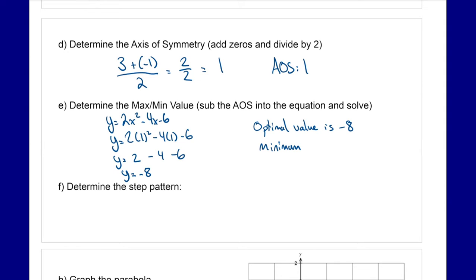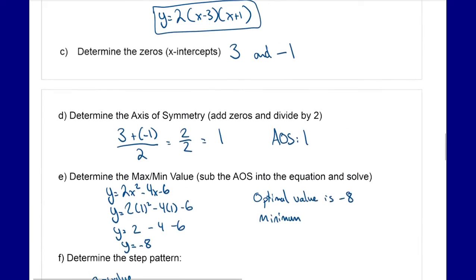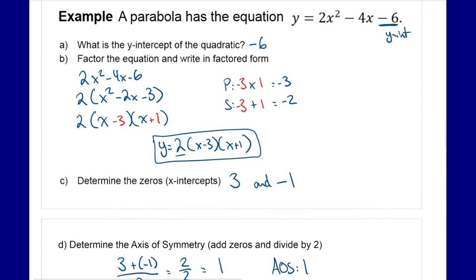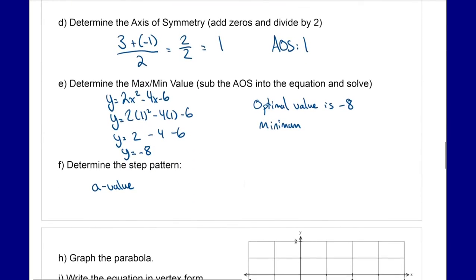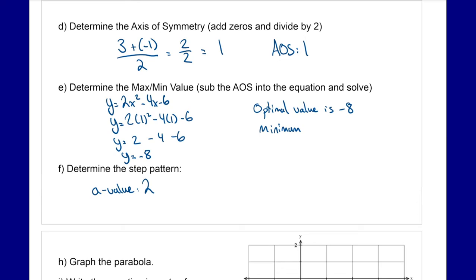For the step pattern, the a value we get from our equation, we see that twice. We see it here as a 2, and we also see it here as a 2. So my a value is 2.